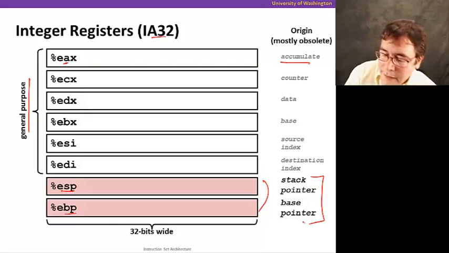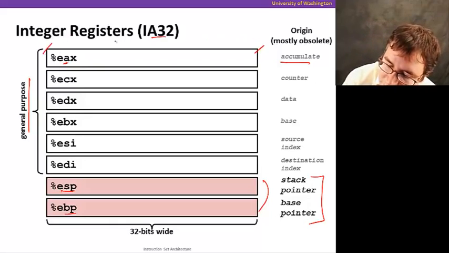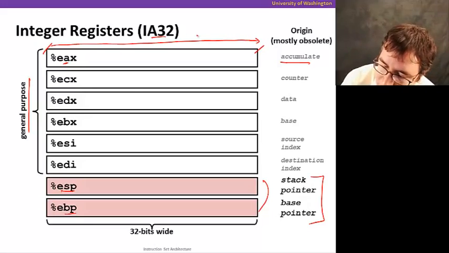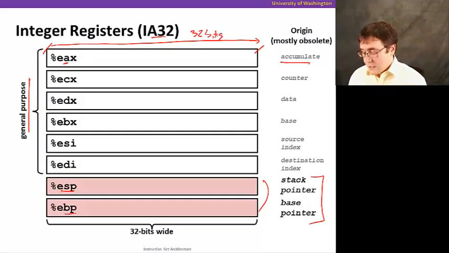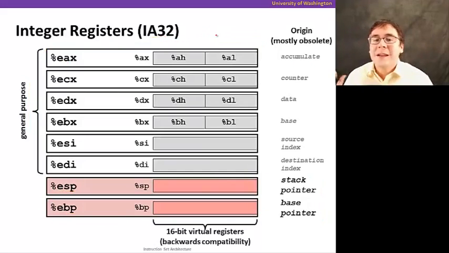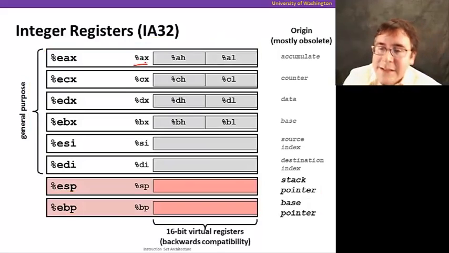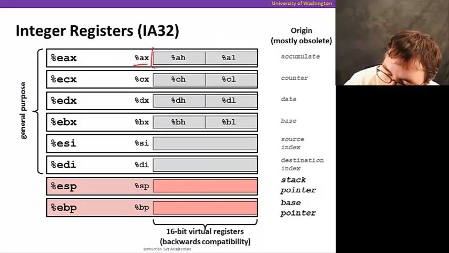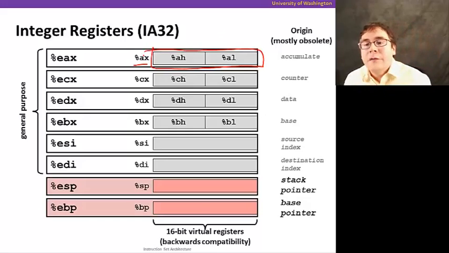Now in IA32, these registers are 4 bytes wide. They're 32 bits wide. But that doesn't mean you can only access all 4 bytes at a time. There are aliases to the register. If you use just %AX, you are referring to only this part of your EAX register.